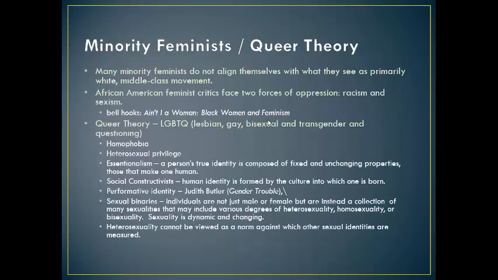So sexual binaries argue that sexuality is a dynamic and changing thing. It's not a fixed thing. The main thing that queer theory is arguing is that heterosexuality cannot be viewed as the norm against which other sexual identities are always measured.